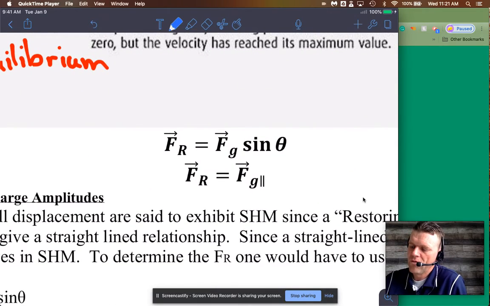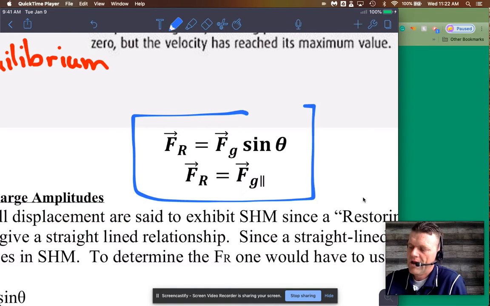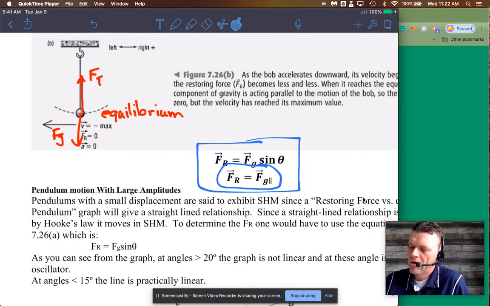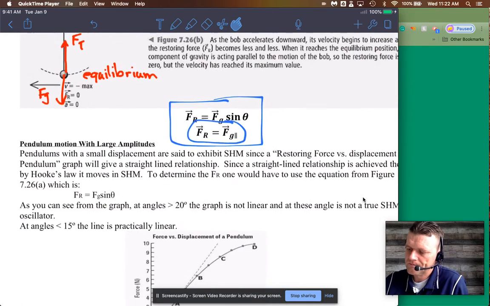The restoring force is equal to the force of gravity, whatever the force of gravity is on the bob, times the sine of theta. And if you really had to analyze it further, which most times you won't need to, the restoring force is actually going to equal the force of gravity parallel on the mass if we do that free body diagram. So calculating the restoring force isn't too bad. The math's pretty straightforward. There are some limits, though, that are worth mentioning.